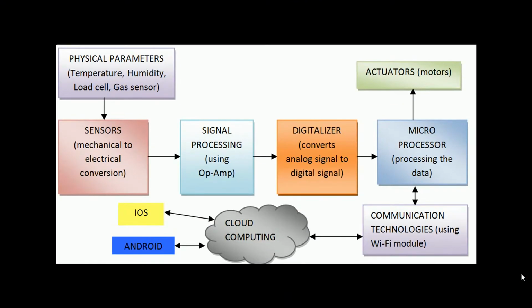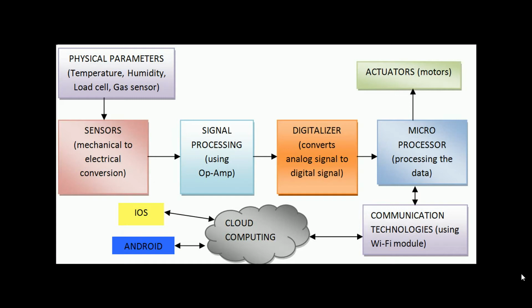Now I will explain the basic block diagram of an IoT system. Any IoT system consists of the minimum blocks which we have shown here. The first block consists of the physical parameters like temperature, humidity, the load cell for measuring weight, and the gaseous sensors.